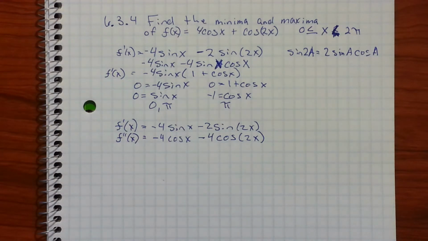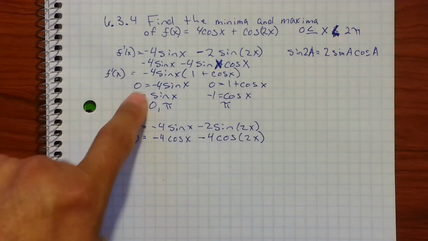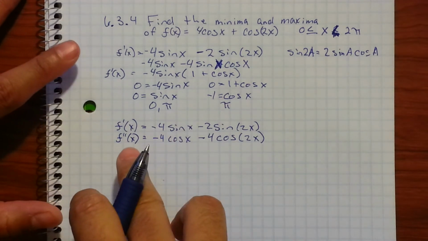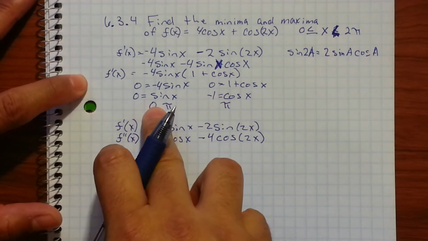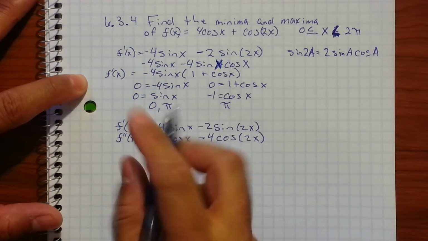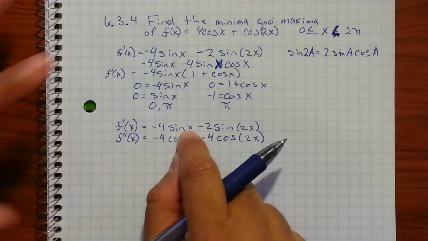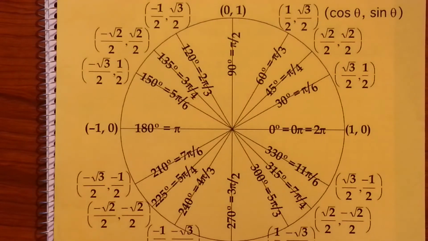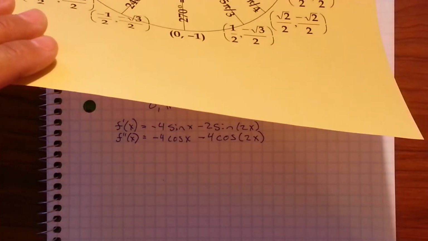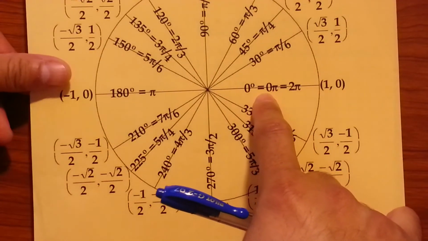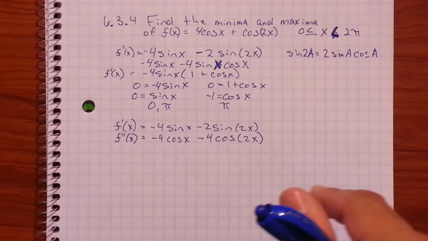Okay, so now let's see what we get here. I know that we're equal to 0 here and here. So let's plug this in here. If I plug in 0, cosine at 0, sorry, cosine at 0 is 1.